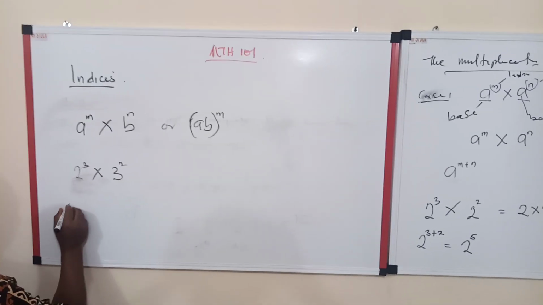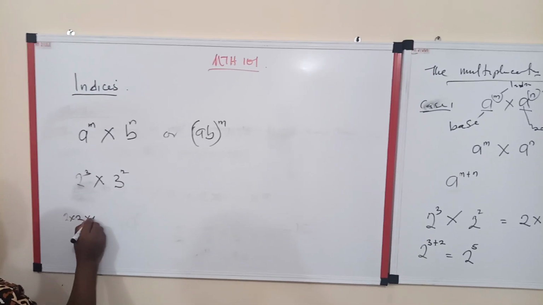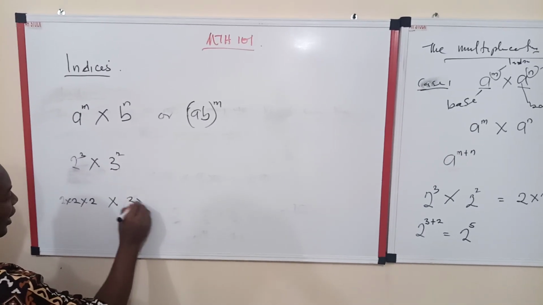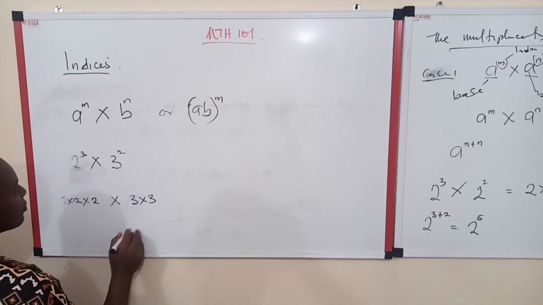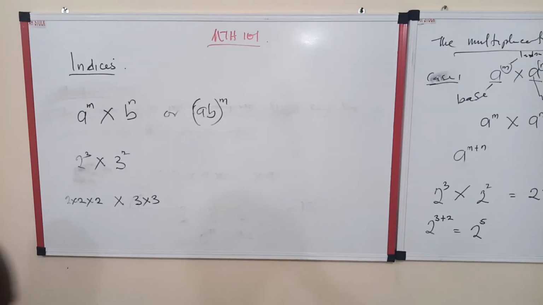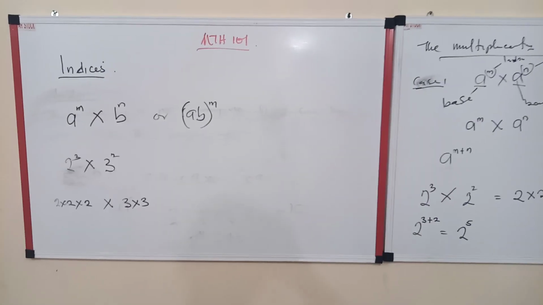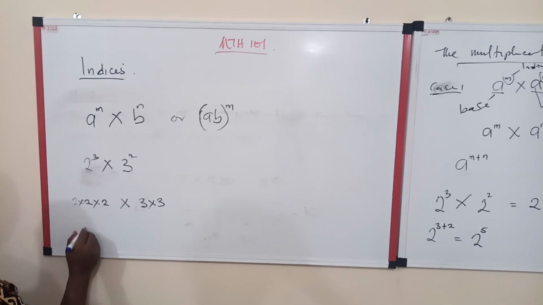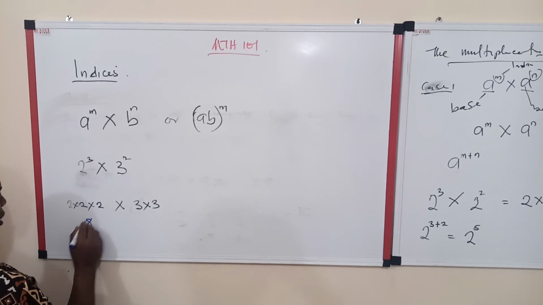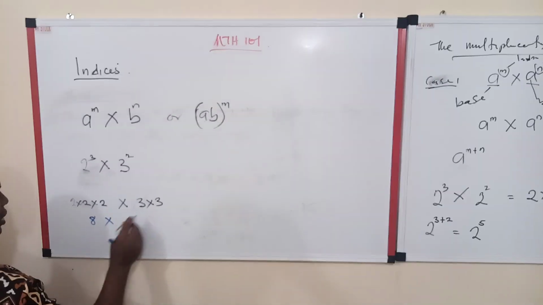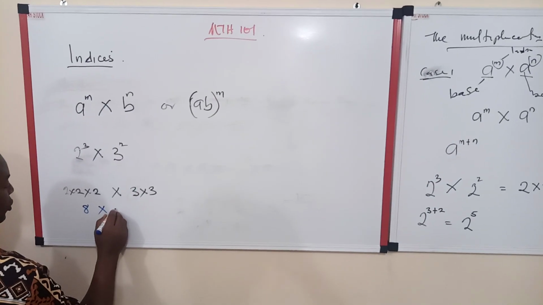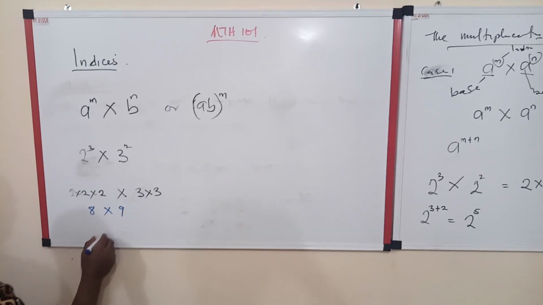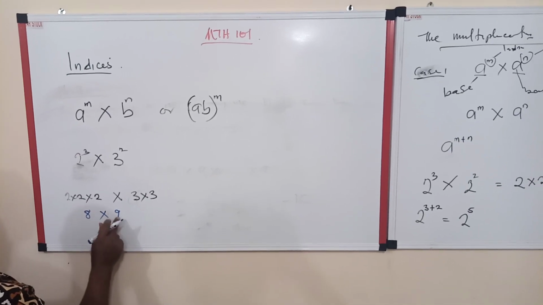So we have 2 times 2 times 2, 3 of it, and 3 times 3, 2 of it. You resolve them singly: 2 times 2 is 4, times 2 is 8. This one is 3 times 3, which is 9. So all that you have here is 8 times 9.